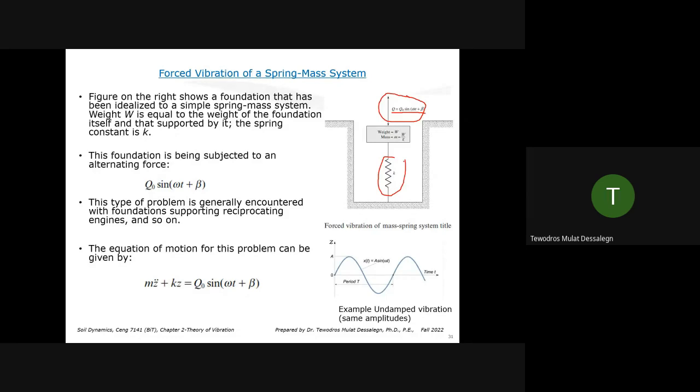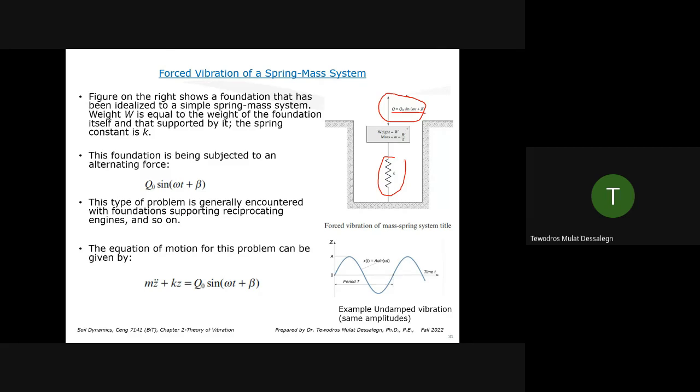The course is geared towards geotechnical students, so most of our examples will be foundation and soil, represented by springs and dampers. But these concepts are applicable anywhere: structural engineering, mechanical engineering, aerospace engineering. Anywhere you can model a material with a spring and damper, you'll have the same equations, the same expressions.